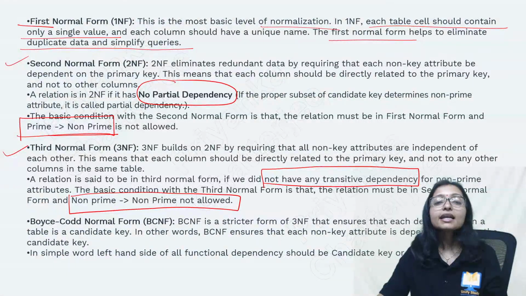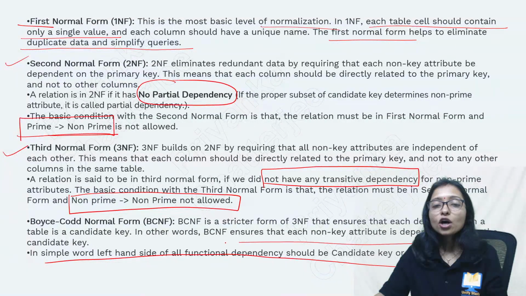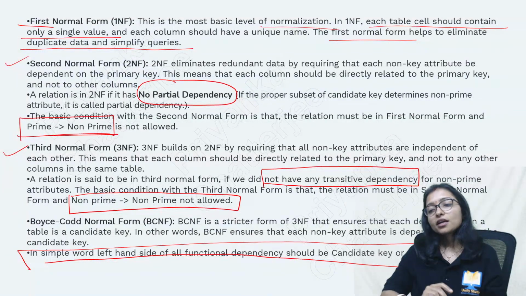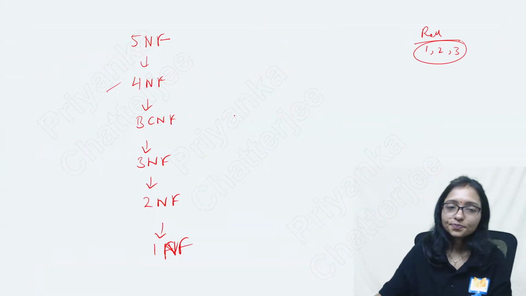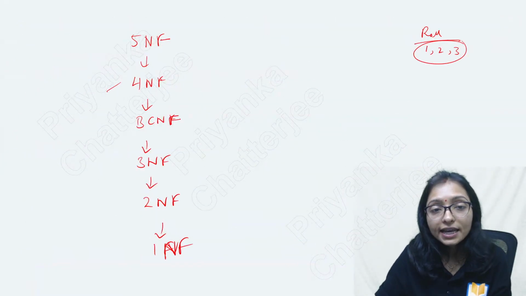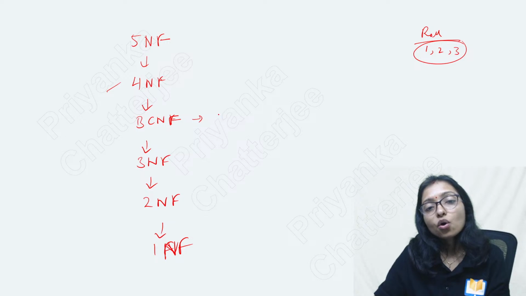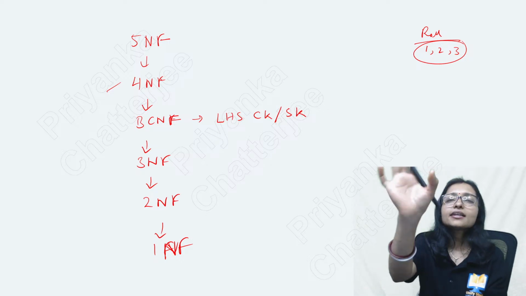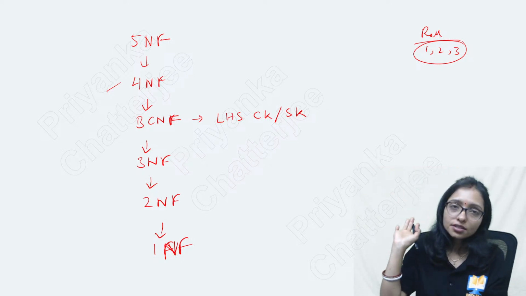Now in BCNF, all left hand side should be candidate key or super key. Now come here. What happened? Here in BCNF, whenever you are coming, all left hand side should be candidate key or super key. Anything other than it is not checked. This is the super constraint.